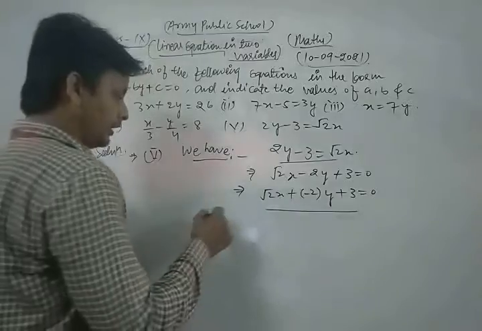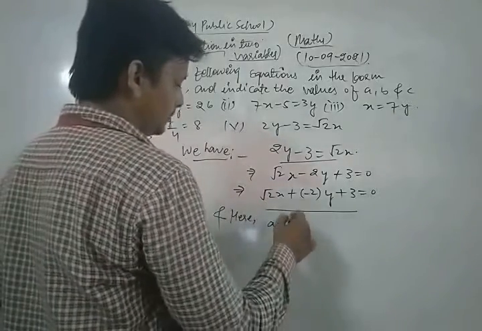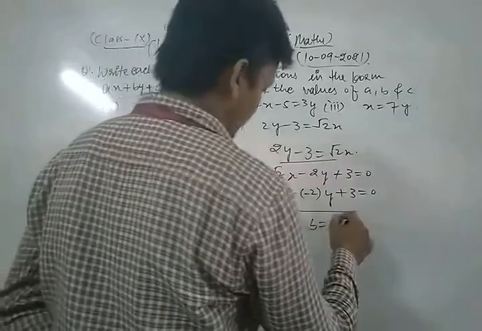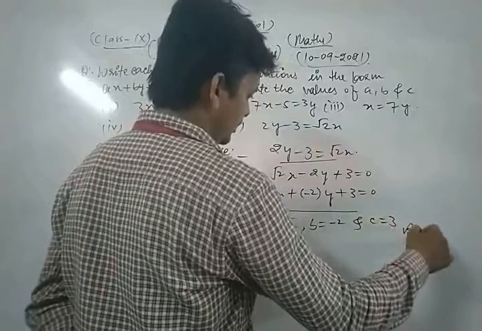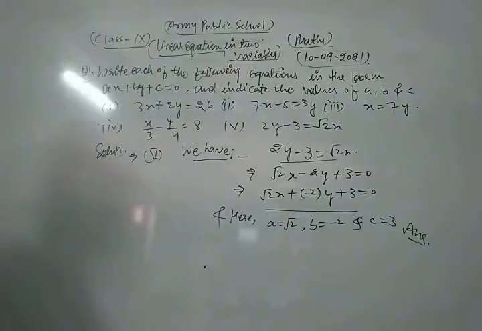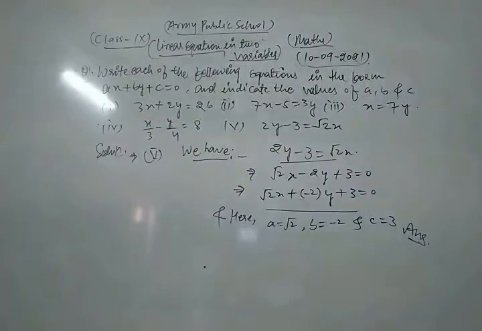Here the value of a is 2, the value of b is minus 2, and the value of c is 2. This is the required solution of the given question.